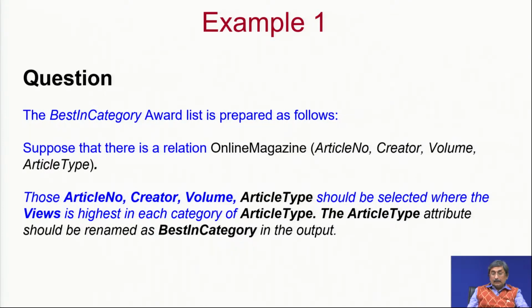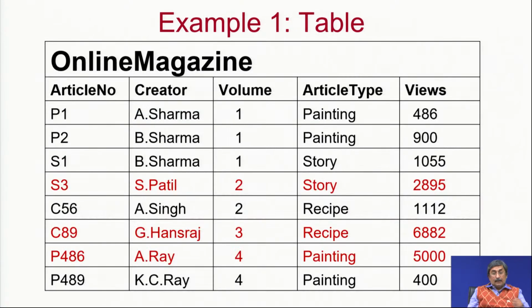First thing I will do is create an empty table with the name online magazine and the columns article number, creator, volume, article type and views, correct, 5 columns. Now, I arbitrarily write down article numbers P1, P2, S1.